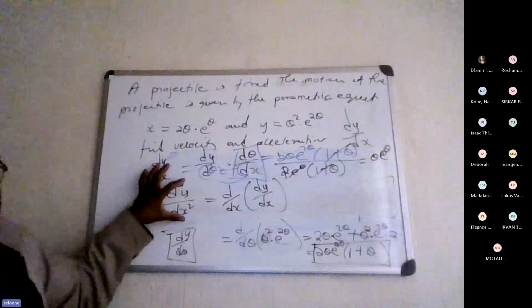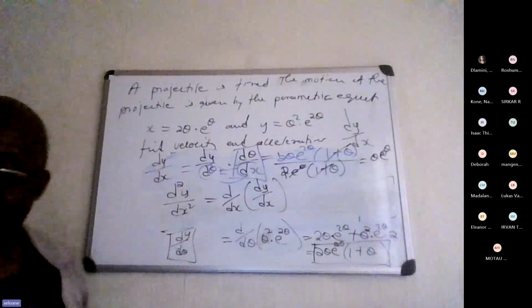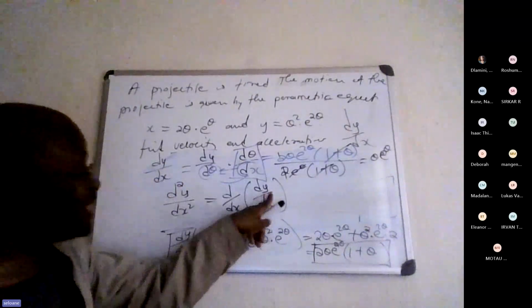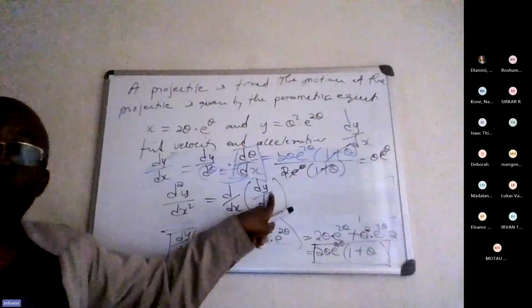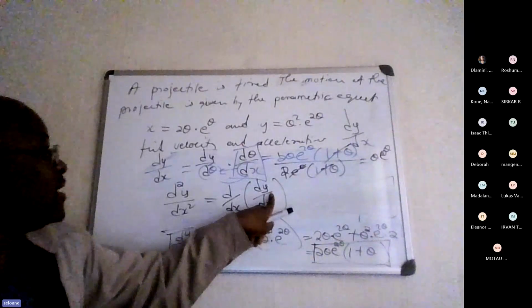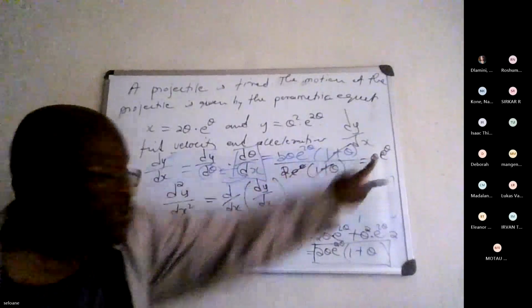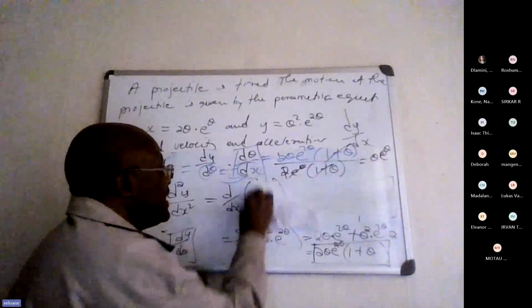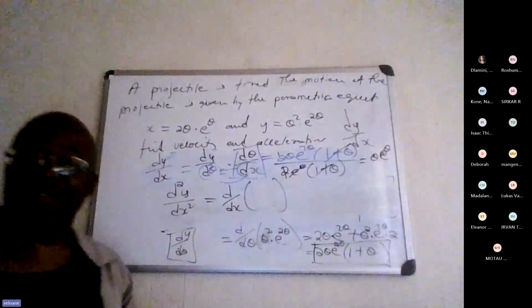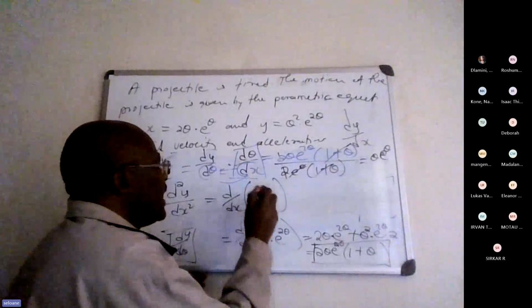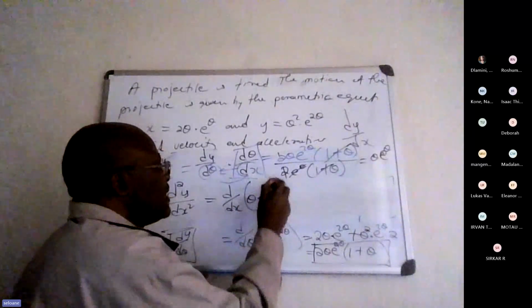That is the acceleration. Then from there, you just plug in your dy dx here, which we have here. So then we will now plug in dy dx, which is theta e exponent theta.